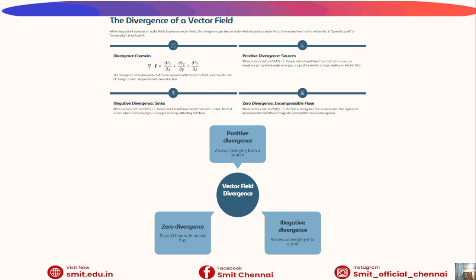If divergence is zero, the field is called solenoidal. In electromagnetics, the divergence of an electric field is proportional to charge density. Magnetic fields have zero divergence because magnetic monopoles do not exist. So, divergence tells us about sources and sinks in the field.